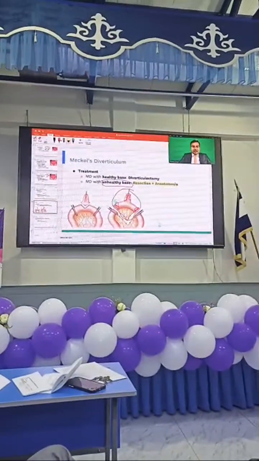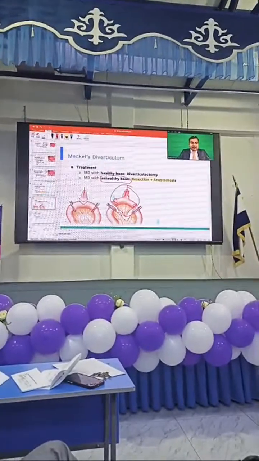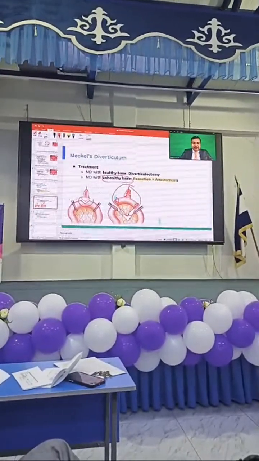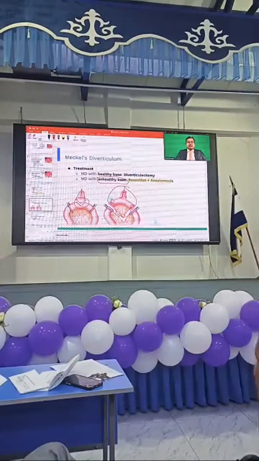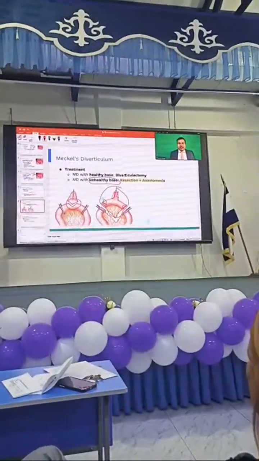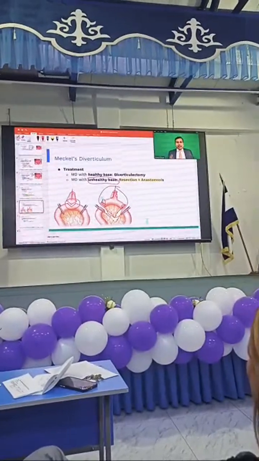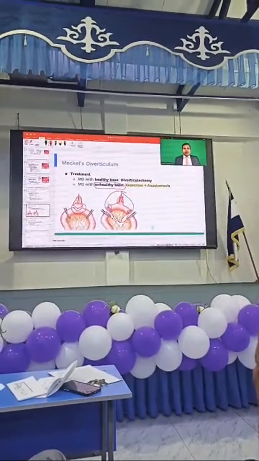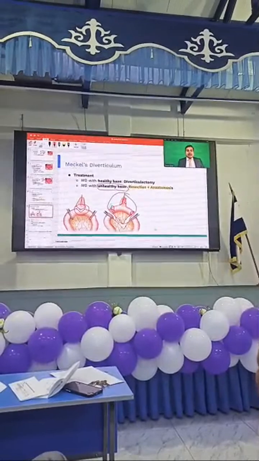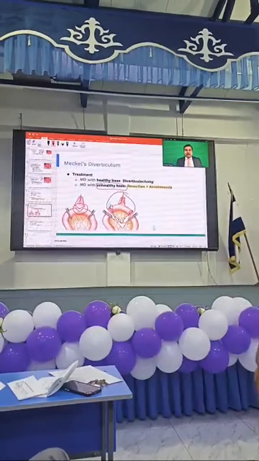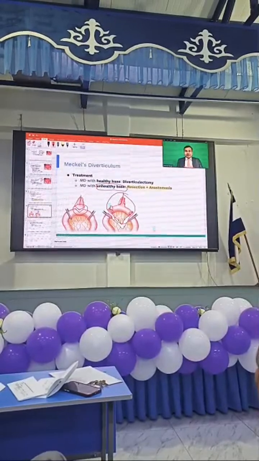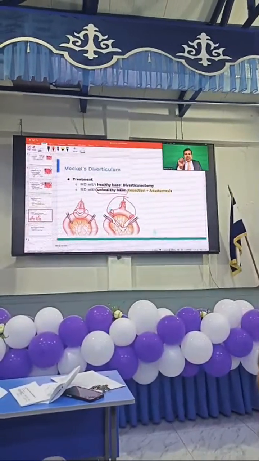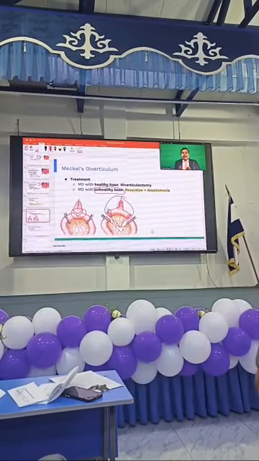And in the other patients, here you can see there is no ulcer, there is a healthy base. So you just excise the diverticulum. In surgery, if you excise something, that is ectomy. Like you excise the spleen, splenectomy. You excise the appendix, appendectomy. You excise the gallbladder, cholecystectomy. If you give an incision on something, that is otomy. Like an incision on the small bowel, enterotomy.